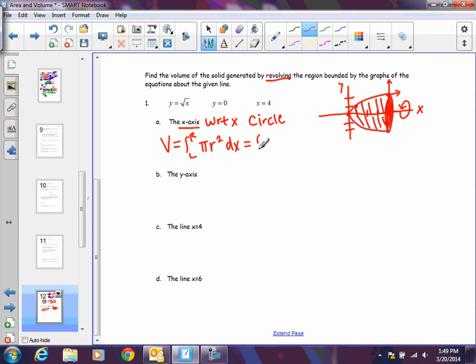We know, hopefully, if we do a good graph, what the left and right is. What are these x values? 0 to 4. If we were doing this with respect to y, the picture would look totally different, so I'm not going to go there.